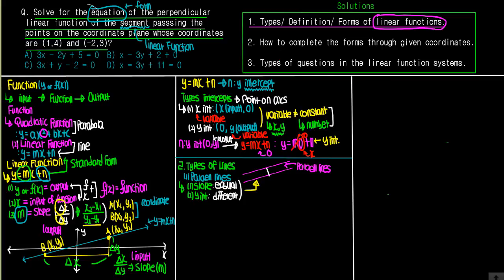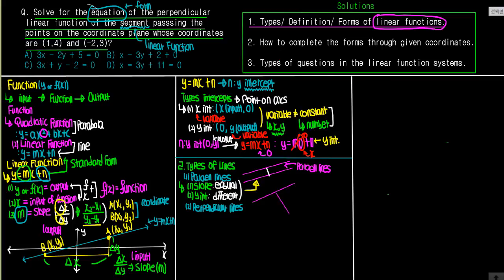So let's think about the second thing, which is the perpendicular line. If you think about perpendicular lines in 2D graphs, like the parallel, let's say there is a line that looks something like this, and the perpendicular will look something like this.